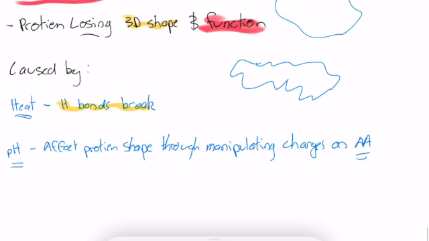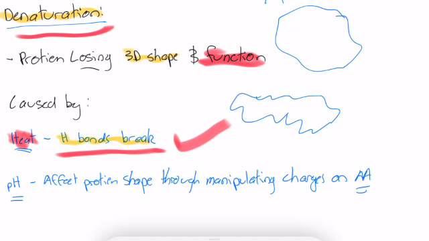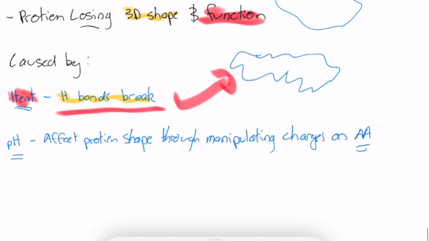We know protein denaturation is caused by 2 things. First, heat. Heat breaks those hydrogen bonds and, as I talked about before, manipulates that structure, therefore losing that function. Also, pH is something that can denature proteins.